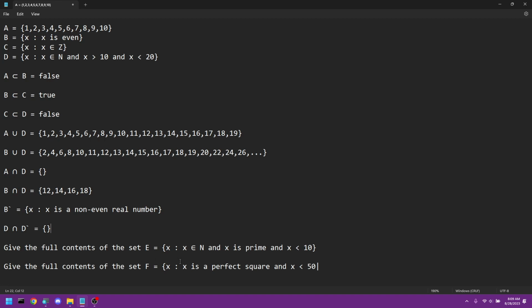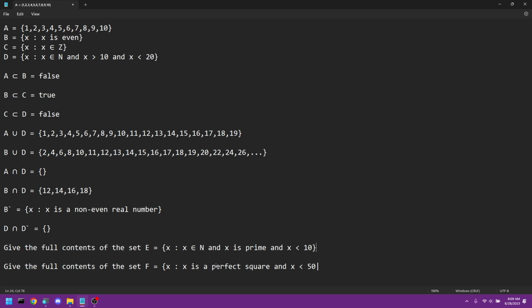Our last two examples here, these are going to be your first questions on your assignment for this material. So we're given a set in this notation, and we want to write its contents. So give the full contents of the set E, which equals x, such that x is a natural number, x is prime, and x is less than 10.